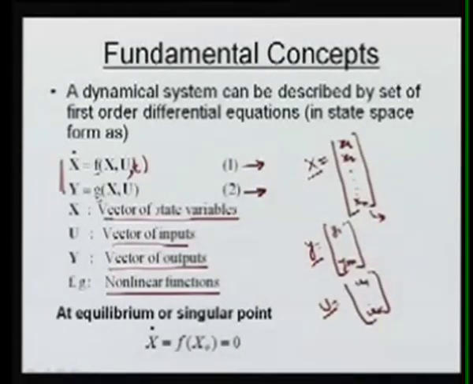But if it is independent of time, meaning time is not taken into account, then x dot equal to f(x, u) is called an autonomous system. Means if the derivatives of the state variables are not an explicit function of time, then this system is said to be an autonomous function.